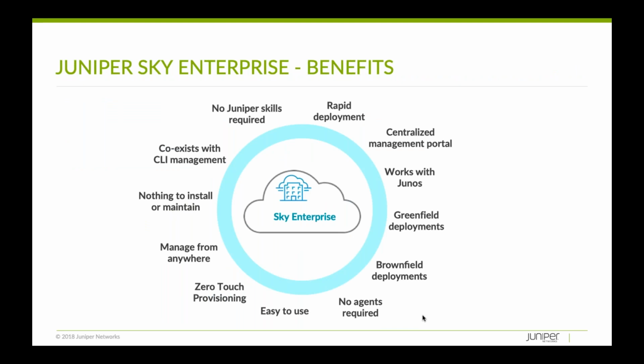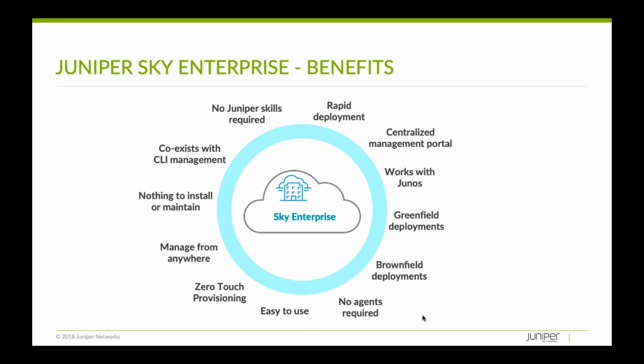So just briefly, I want to touch on some of the benefits that Sky Enterprise delivers. When customers sign up to Sky Enterprise, the deployment of the system is extremely rapid. A couple of weeks ago, we had a customer who brought on over 400 network devices, Juniper devices, into Sky Enterprise, and they did it themselves in less than 48 hours.